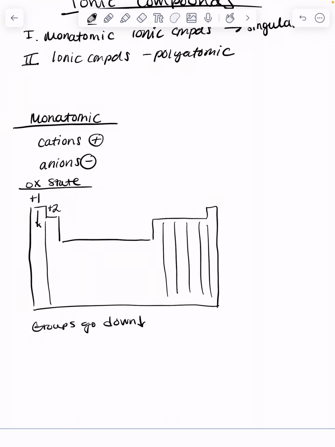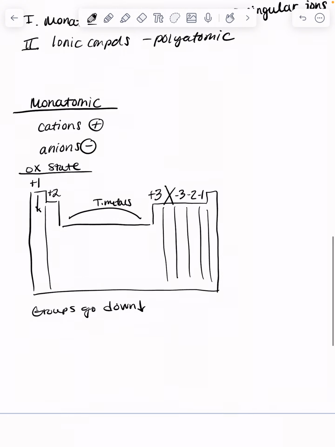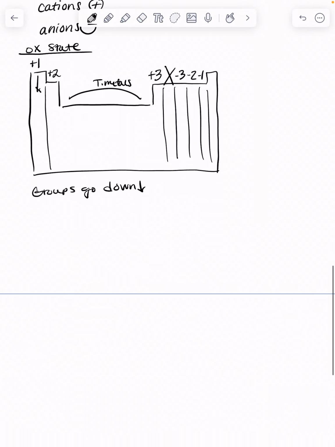We skip all the transition metals, and we're going to go to +3, and then we skip, and then -3, -2, -1. So that is how we count oxidation numbers. And those will come in handy, especially in the polyatomic ionic compounds part when you do have to balance, especially with your transition metals.